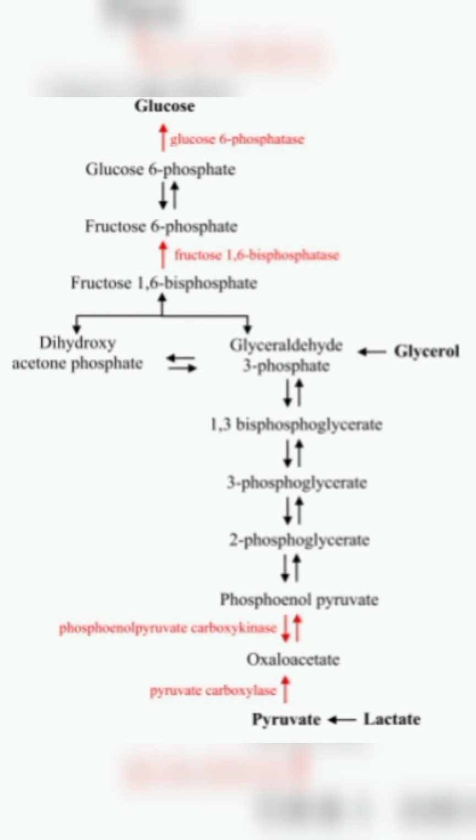So there are four main enzymes: the first is pyruvate carboxylase, the second is phosphoenolpyruvate carboxykinase, another is fructose 1,6-bisphosphatase, and the last is glucose 6-phosphatase. These are the four main enzymes that are completely different from glycolysis, right?